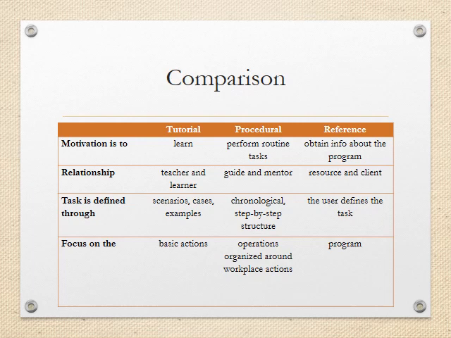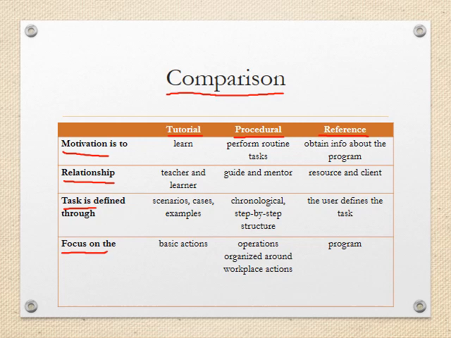This table offers a comparison between the three types of documentation: the tutorial, procedural, and reference types. The comparison is based on the motivation, what kind of relation this kind of document builds with the reader, what elements are needed to define the task, and on which features they focus.